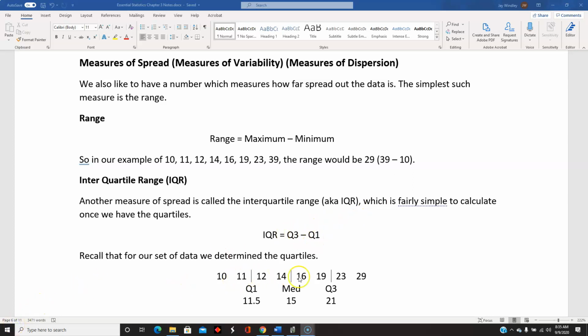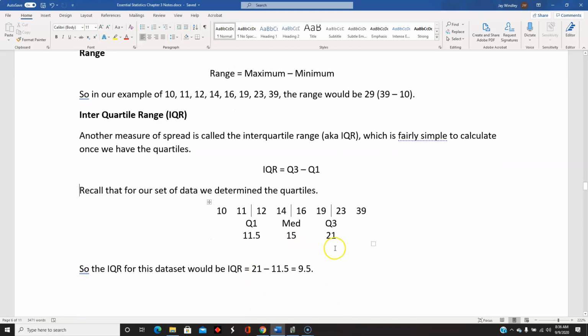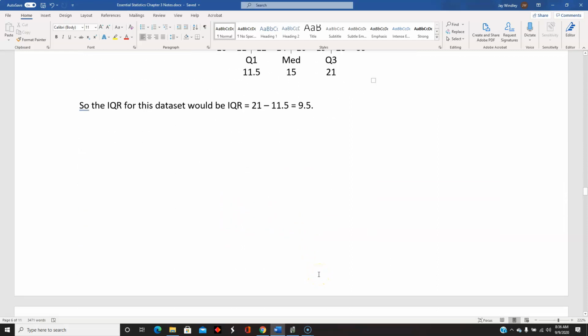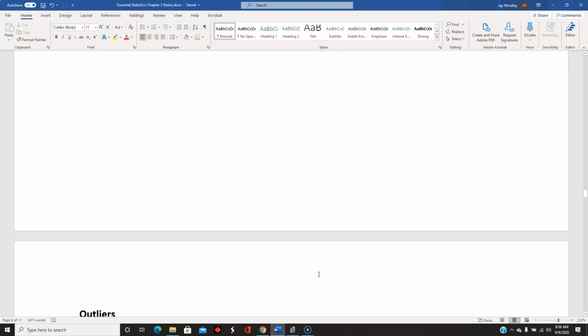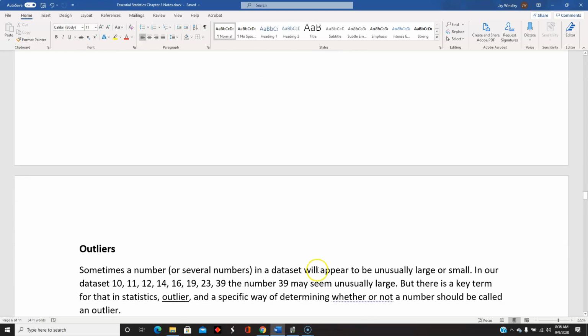So remember the way we determined the quartiles earlier with our data set. This is how we found the quartiles earlier with our data set. So the IQR is simply 21 minus 11.5, or 9.5. So that's a really simple calculation, assuming you already have the quartiles.